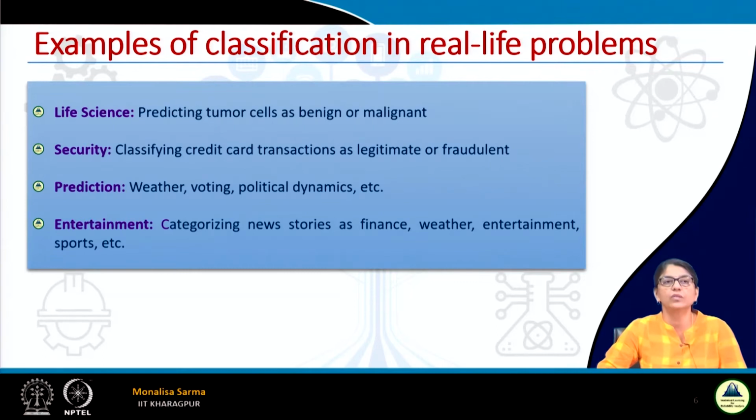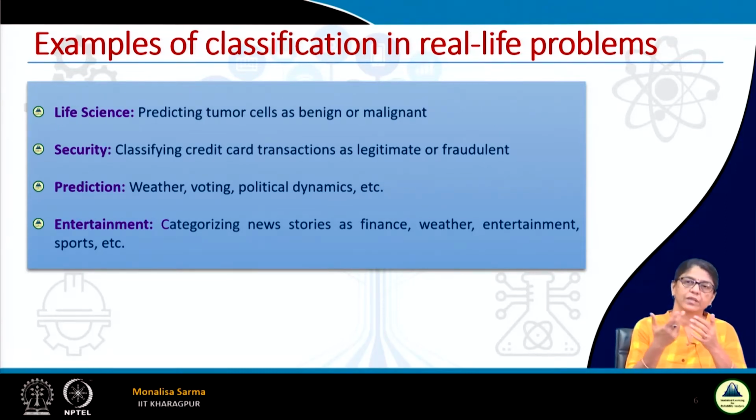Next, coming to an example from security: classifying a credit card transaction as legitimate or fraudulent. Usually an average person uses a credit card maybe once in a week, or every second or third day, and even an average middle class person takes out money around every week.